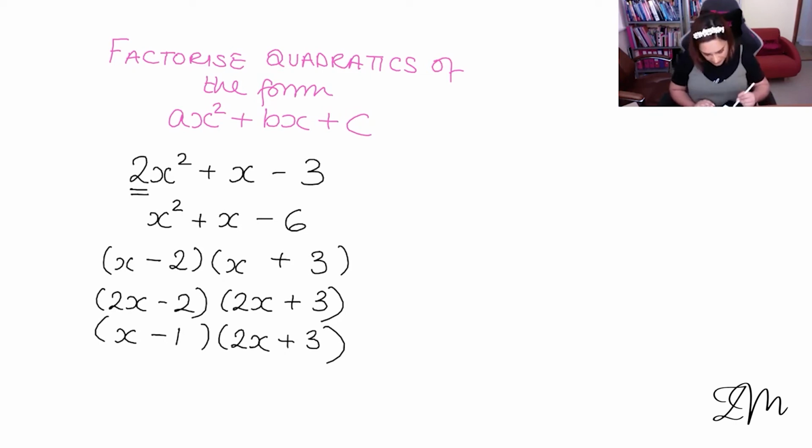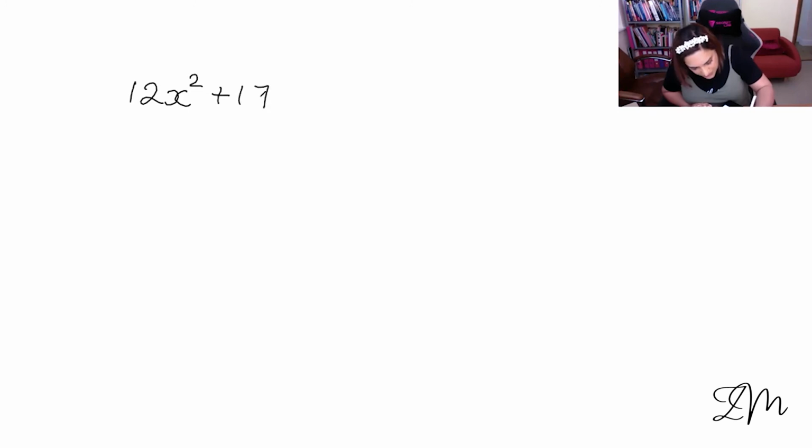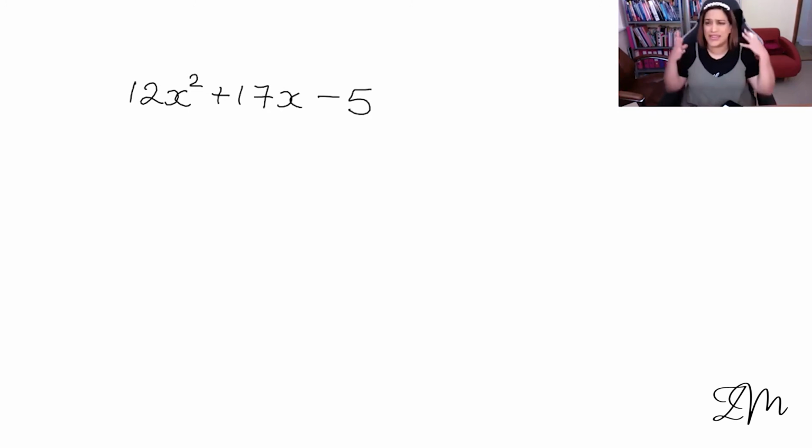Okay, let's take a slightly trickier example. Let's go to the next page and take one from an exam paper: 12x squared plus 17x minus 5. Now we've got this irritating 12, which we have to deal with, but 5 is going to borrow it. 12 times 5 gives you 60.